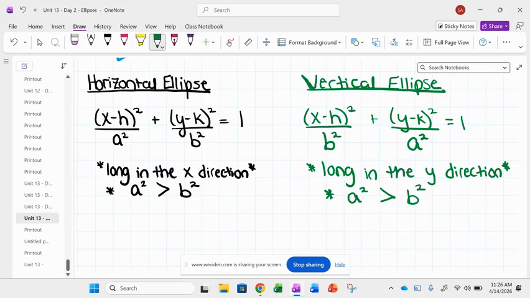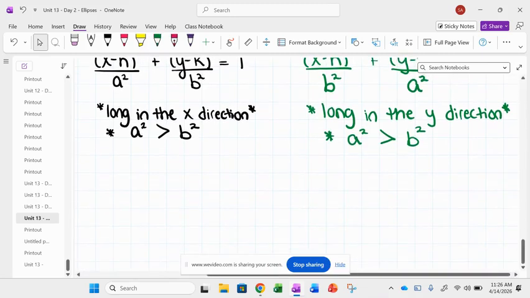A couple of other things I want to talk about. Let me get a little diagram going here.